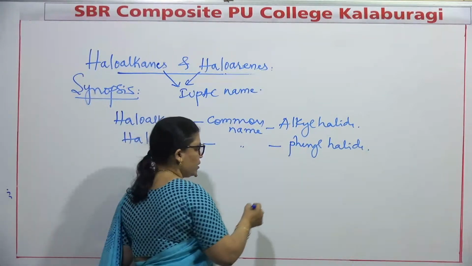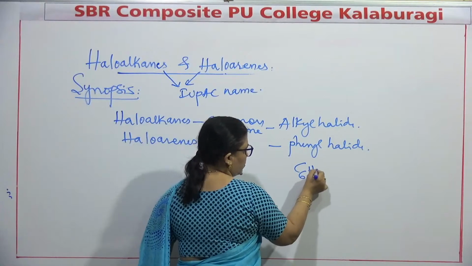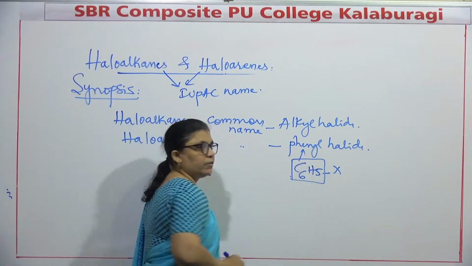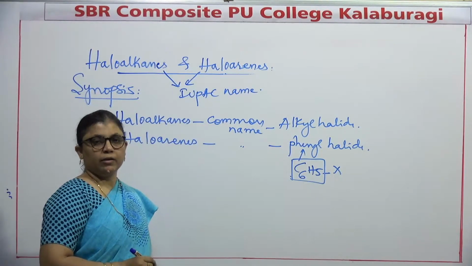Phenyl means what, children? C6H5. C6H5 is called phenyl.